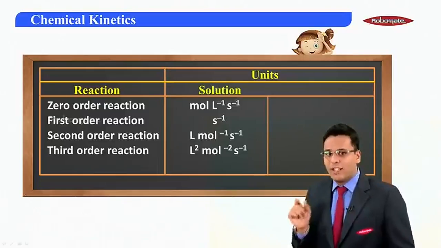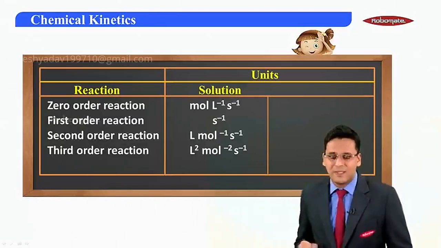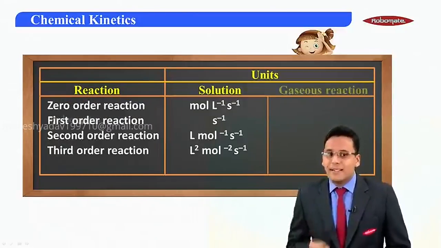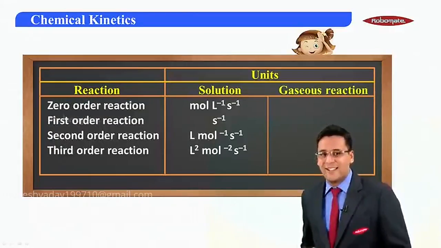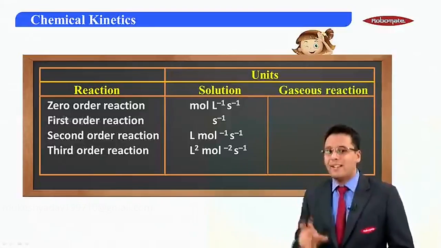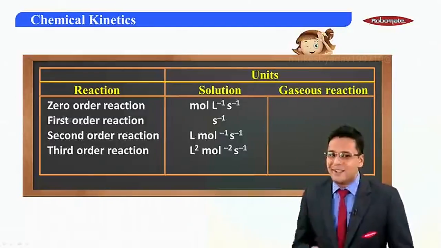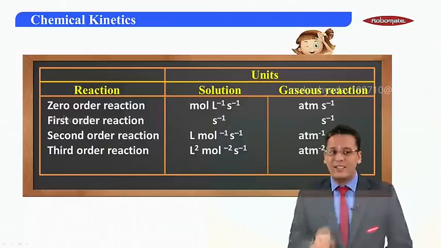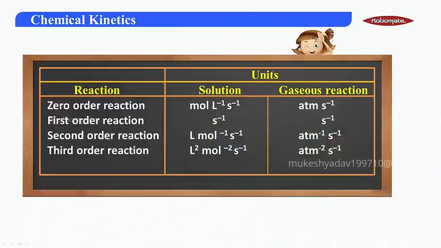We have already derived these units. But what is interesting is, if the reactants are gaseous, then this mole per liter gets replaced by atmospheres. So this will now be the unit.